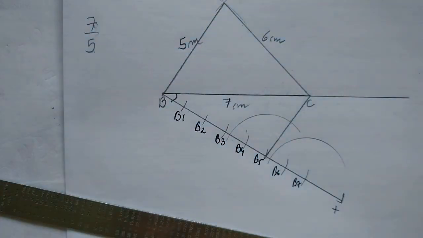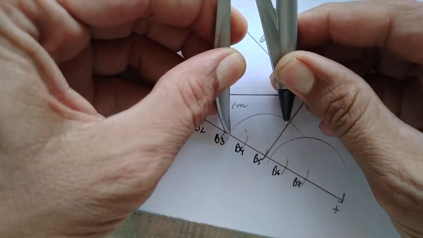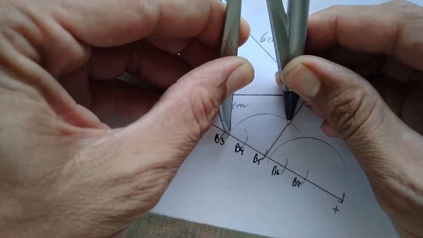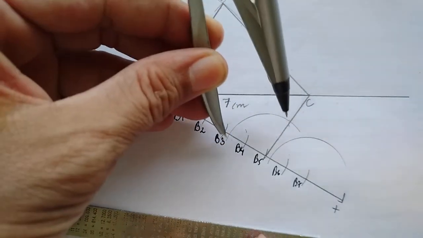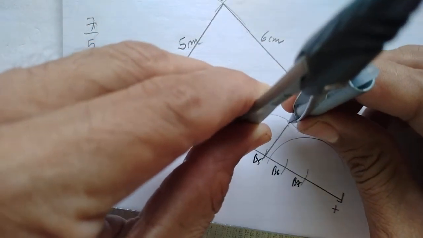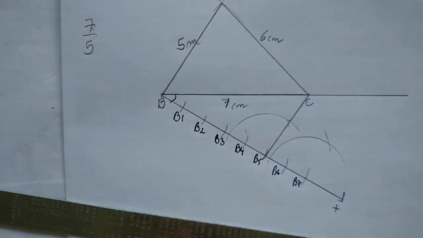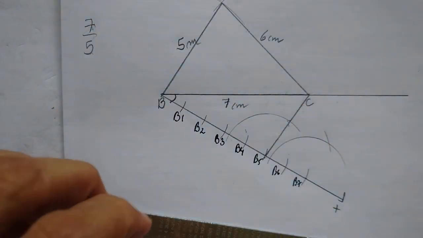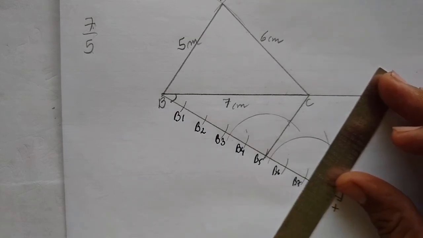Now children, you have to measure this distance from C, the length of the previous arc. Measure this distance. Now from this point, do it this way. Now draw a parallel line passing through this point.